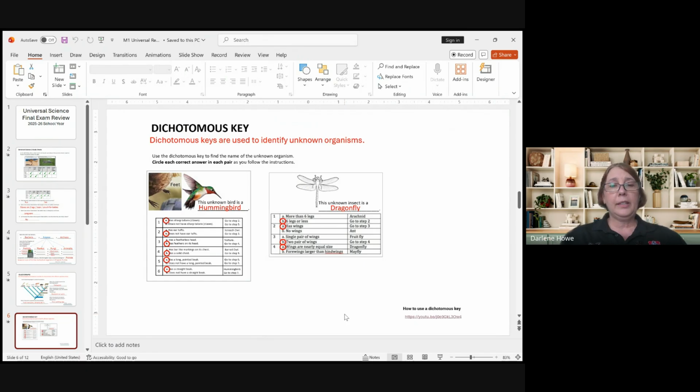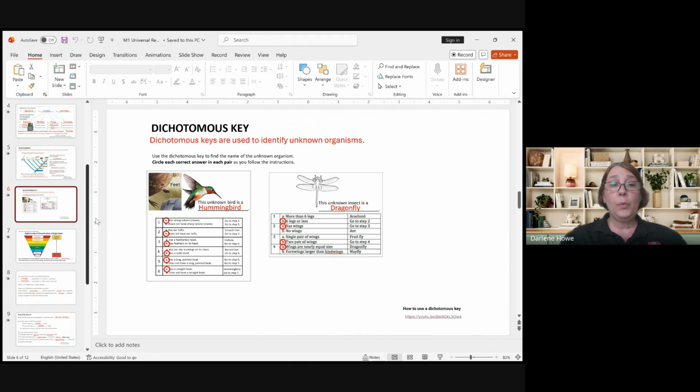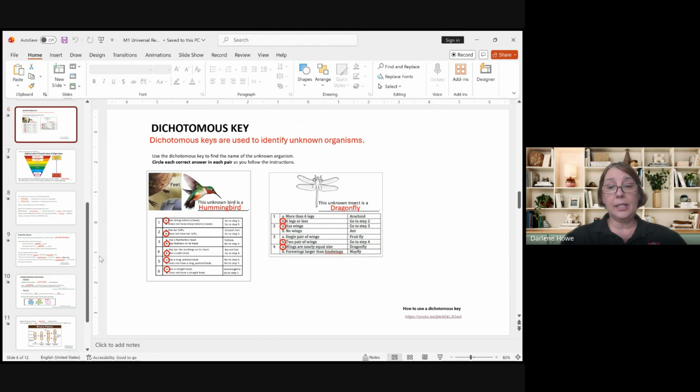A dichotomous key is the one that we use to identify unknown organisms. So if we don't know what something is, we can use a dichotomous key to find out what the common name of it is. We can also find out what the scientific name of this thing is, depending on what kind of key we're using.